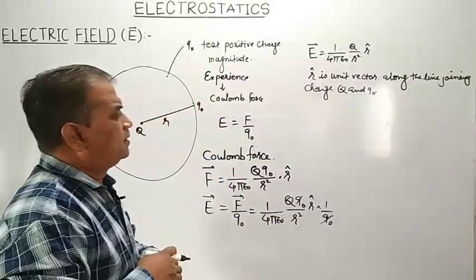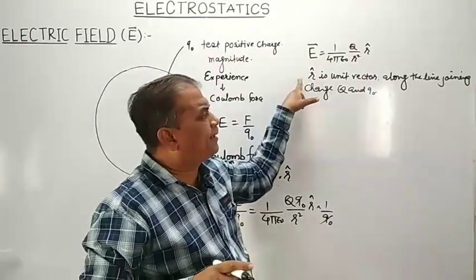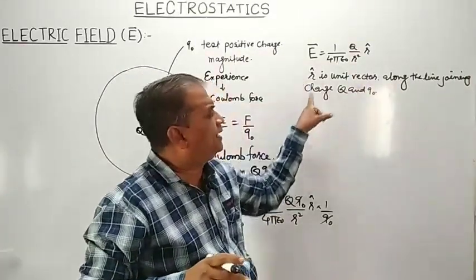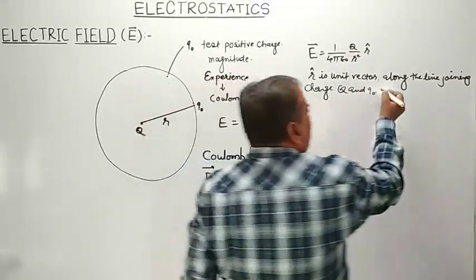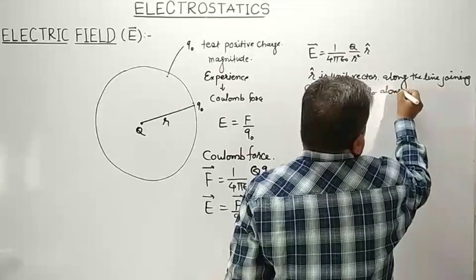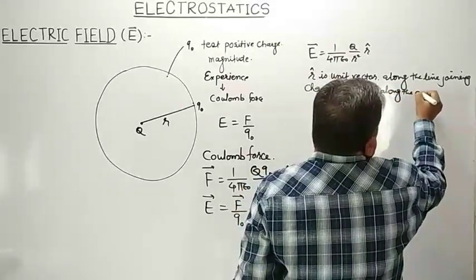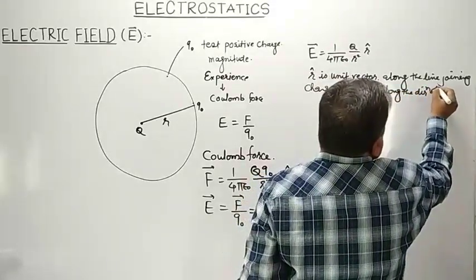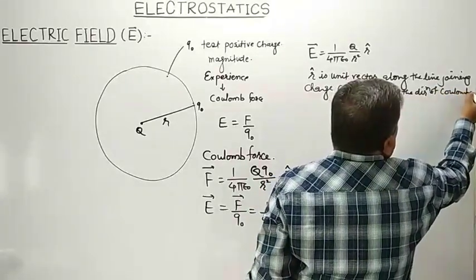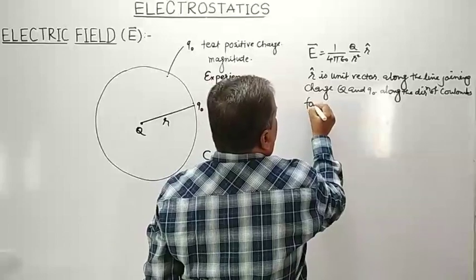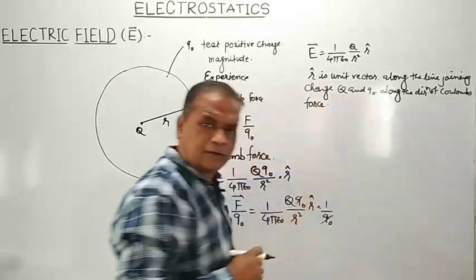Remember here, the direction of the unit vector, no doubt, is along the line joining charge Q and Q0, but it will act along the direction of Coulomb's force.